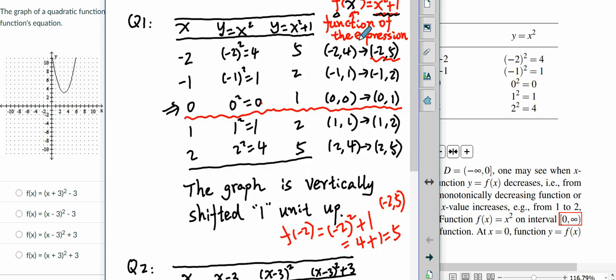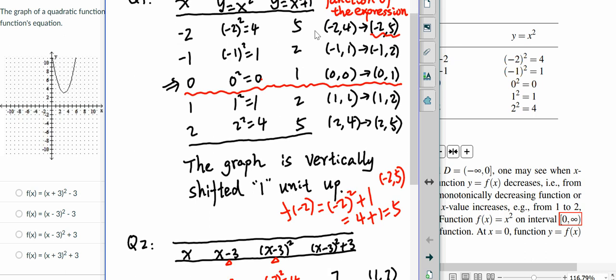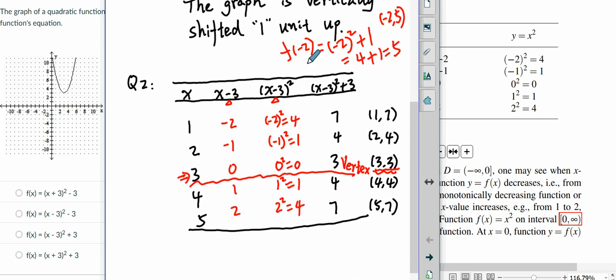You see, outside of the square, you plus 1, that's 1 unit up. And inside, minus 3 does horizontal shifting.